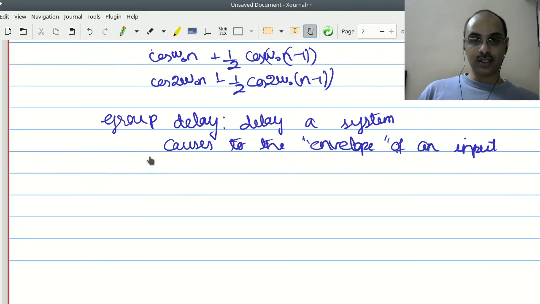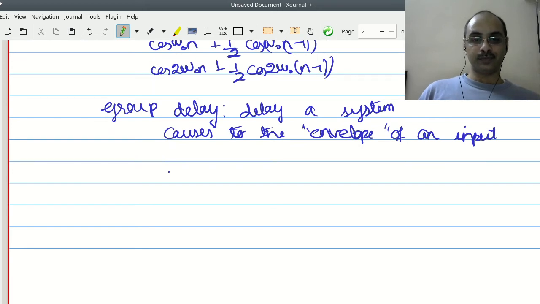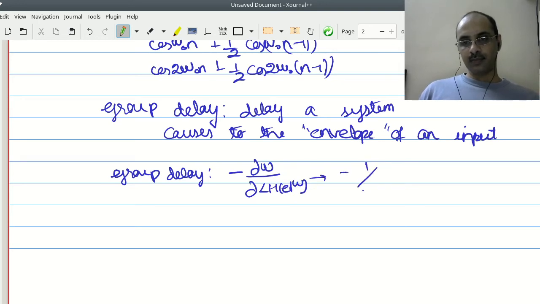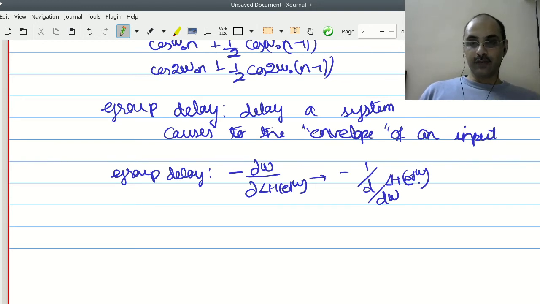In fact, the definition is, alternately, so you basically find the derivative of the angle of h of e per j omega.